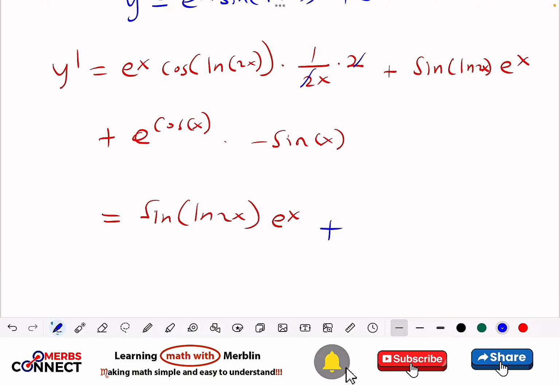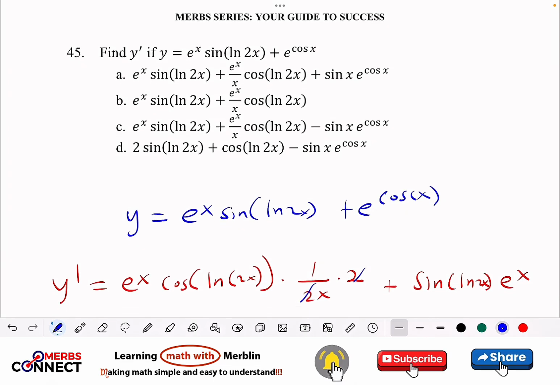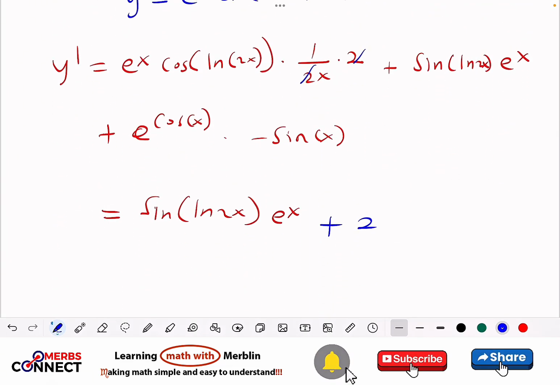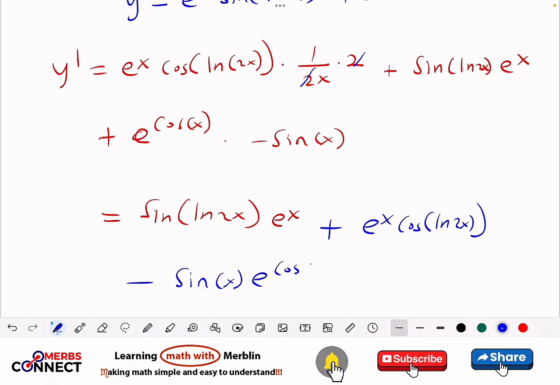Oh no, 2 will just be going out because there's no 2 here. This one will cancel. So I'm going to have e to the x cos of ln 2x and then minus sine x cos of x.